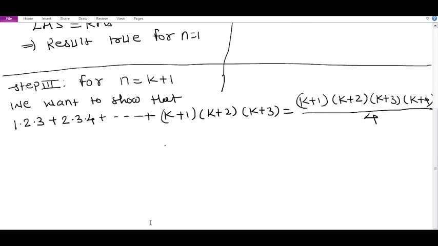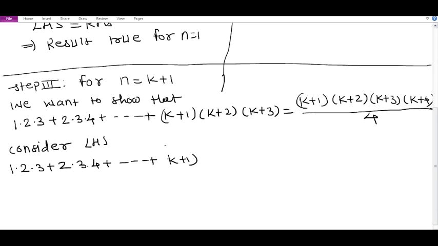Now to show this, we consider the LHS. On the LHS it is 1 into 2 into 3 plus 2 into 3 into 4 plus up to k plus 1, k plus 2, k plus 3.